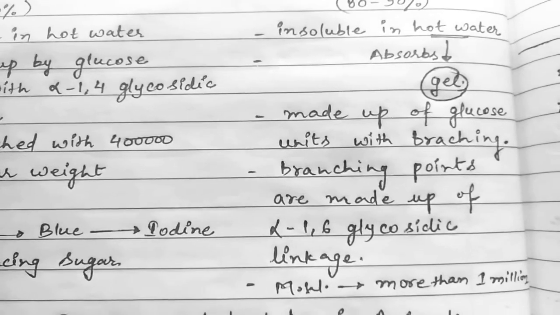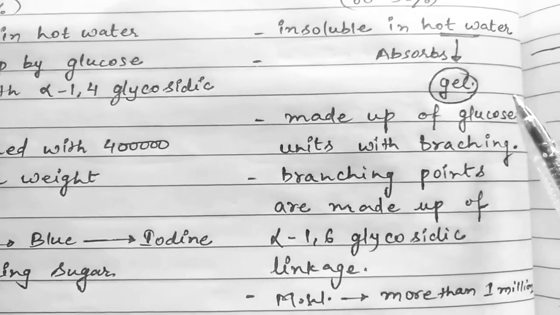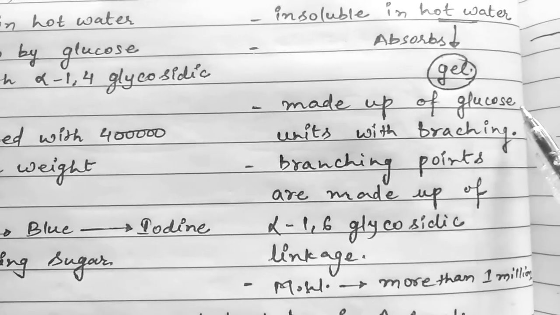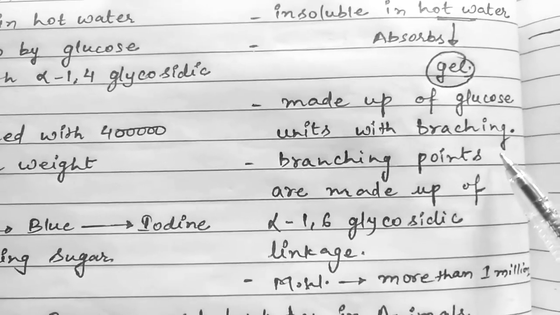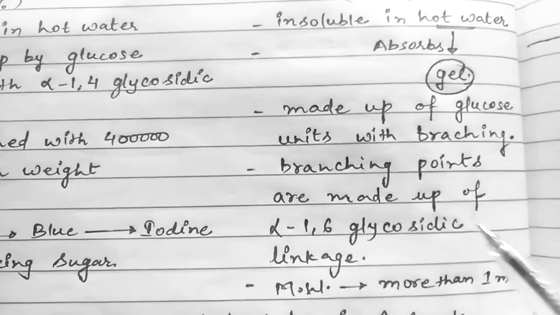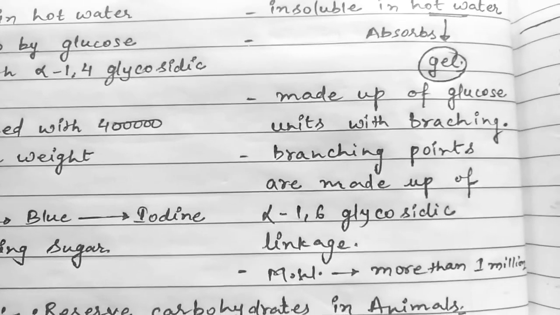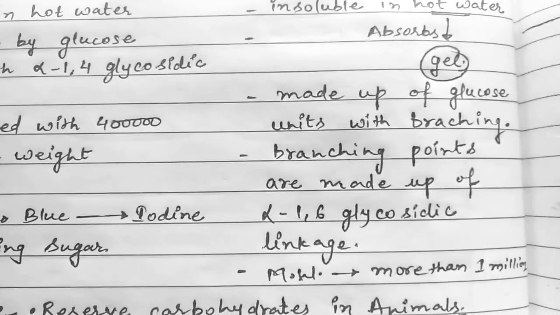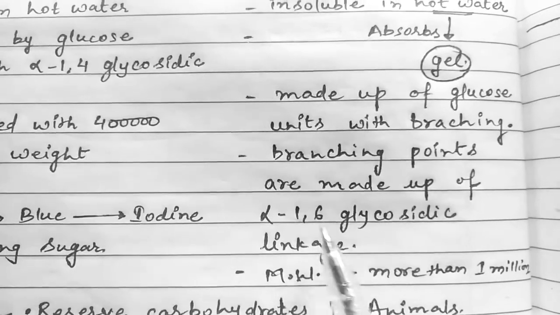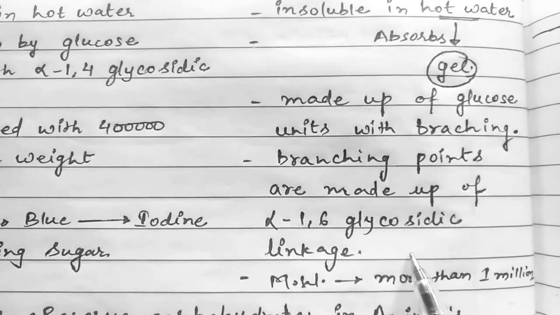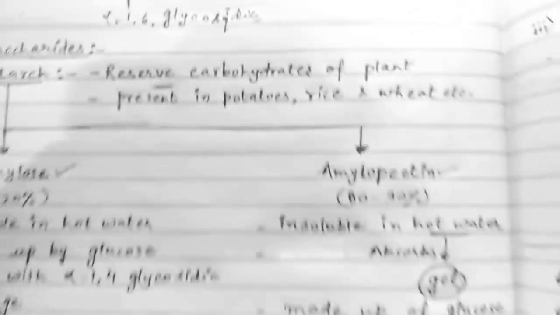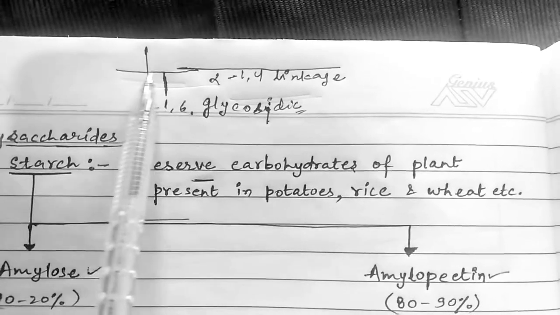Then student, we will talk about the structure of the amylopectin. Amylopectin also has glucose units, but this structure has two types of bond. Because it is a straight chain with branches, the branch point has alpha 1,6 glycosidic linkage. Student, I want to tell you about this structure. For example, this is the long chain.